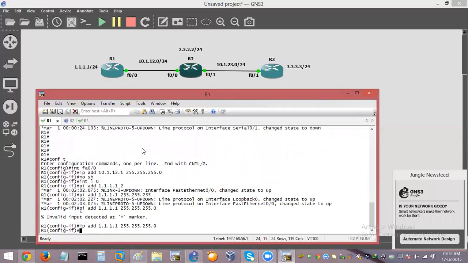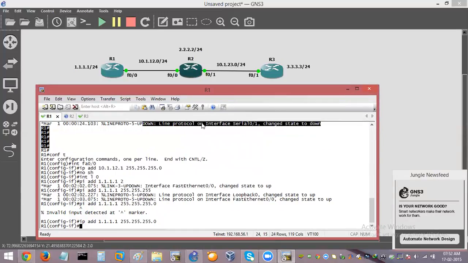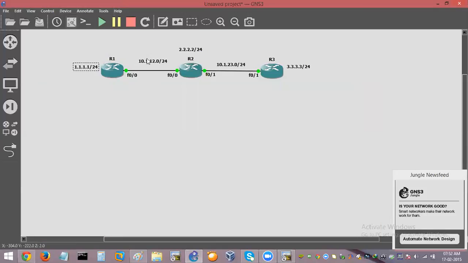IP addressing is done right now. By default, routers only know about the directly connected networks. How many subnets am I using in this topology? 1, 2, 3, 4, 5. But how many subnets will R1 know right now? R1 will know about 1.1.1 and 10.1.12, which are connected to loopback 0 and its interface.